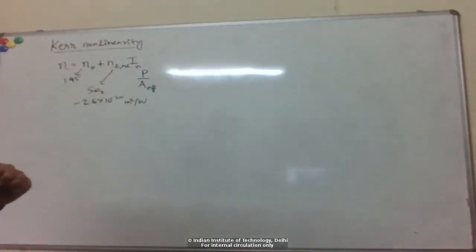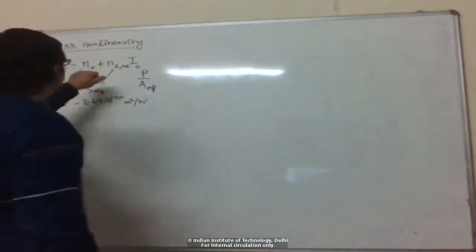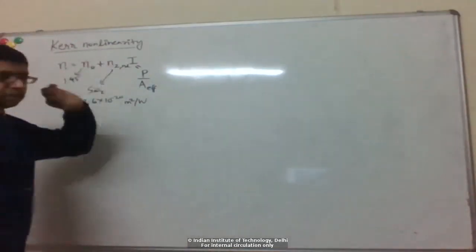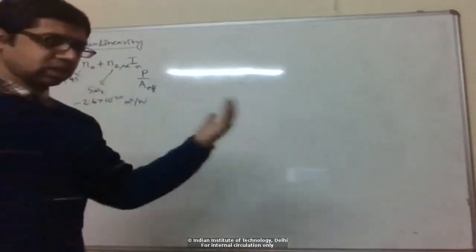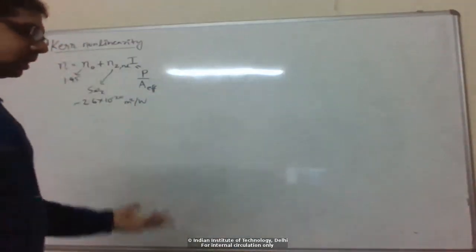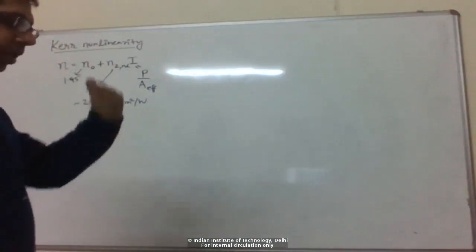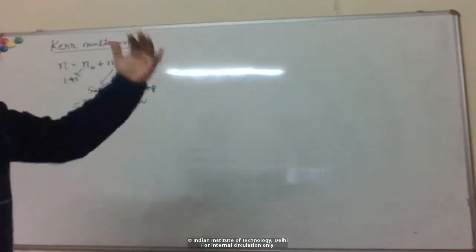Without going into the details, which you would discuss in a nonlinear optics course, the sign depends on the frequencies of the electromagnetic fields interacting versus the energy levels in the medium.